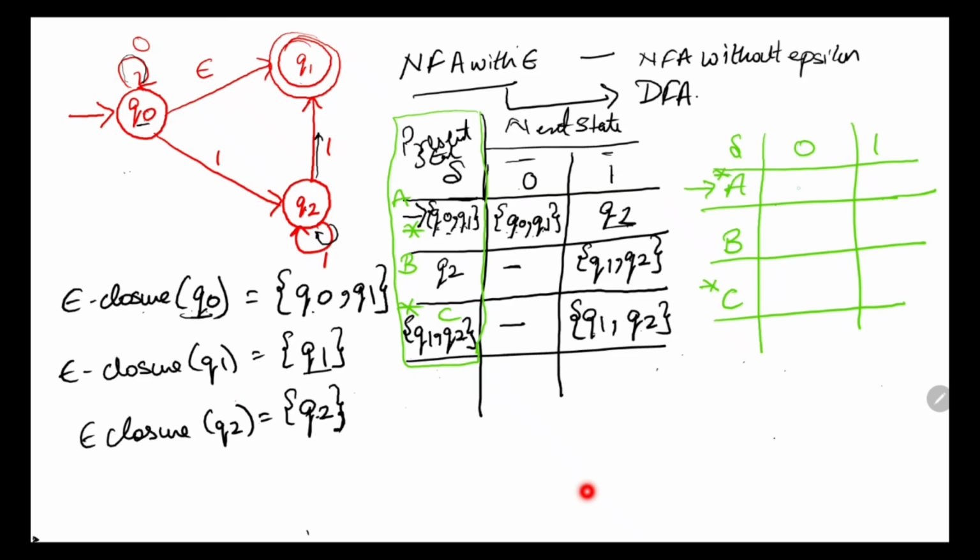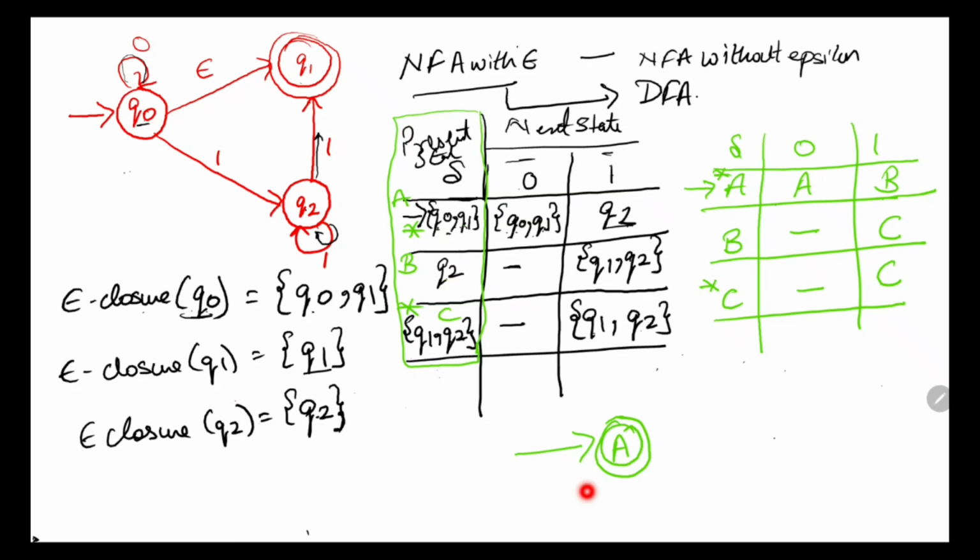C is a final state. With 0 it comes out to be A, with 1 B, no transition, right? So this is C and this is C. What we did was rename Q0, Q1 as A, Q2 as B and Q1, Q2 as C. Perfect. So this one is our corresponding DFA, a finite automata without epsilon moves, right?